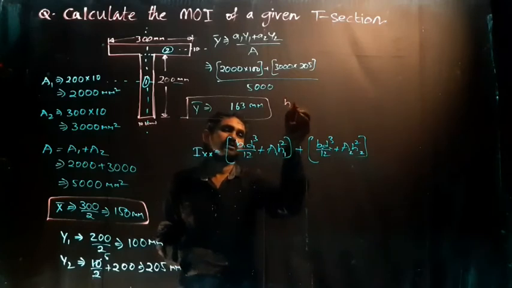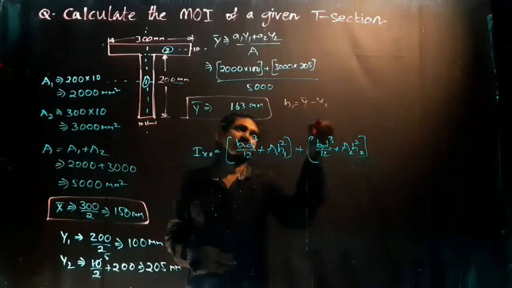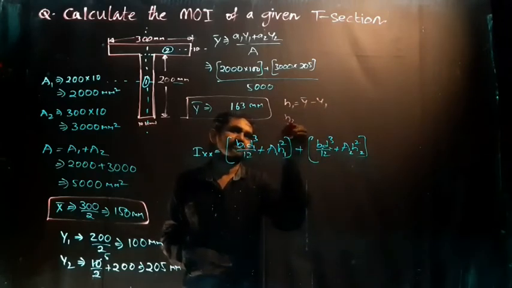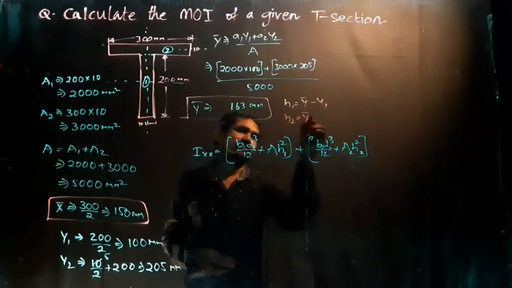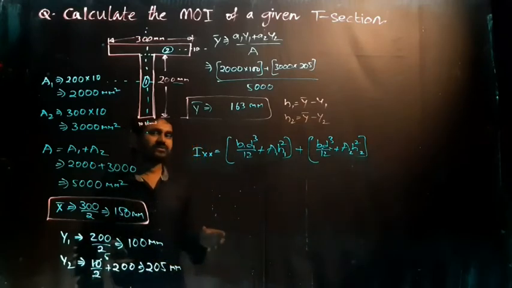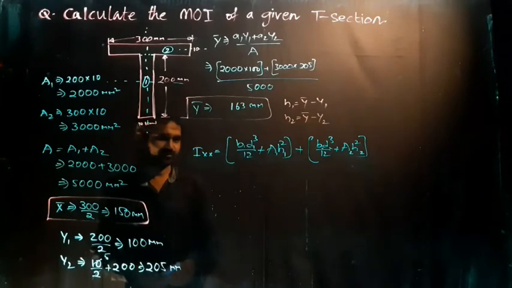H1 is equal to y bar minus y1. Similarly, H2 equal to y bar minus y2. So like this you have to find out. Now let us substitute the values in the given equation and try to solve it.